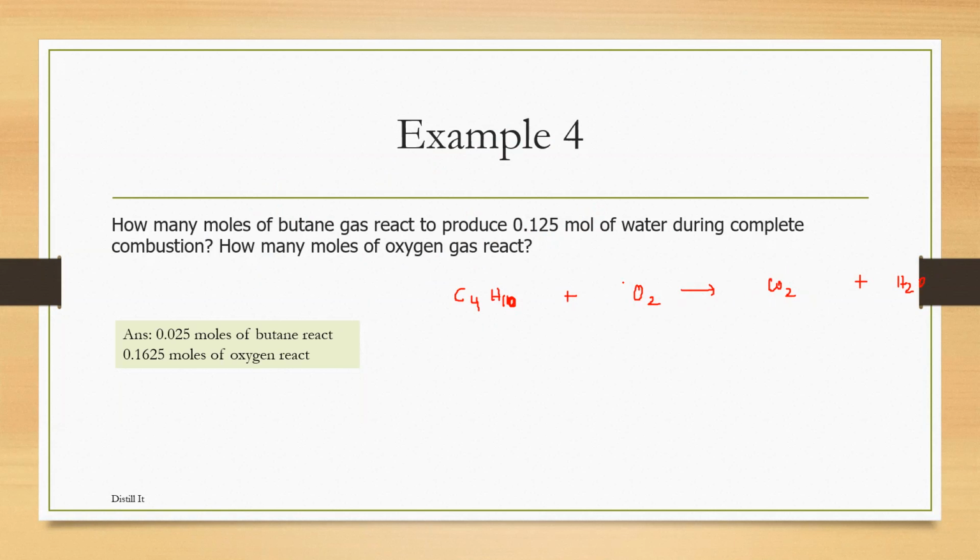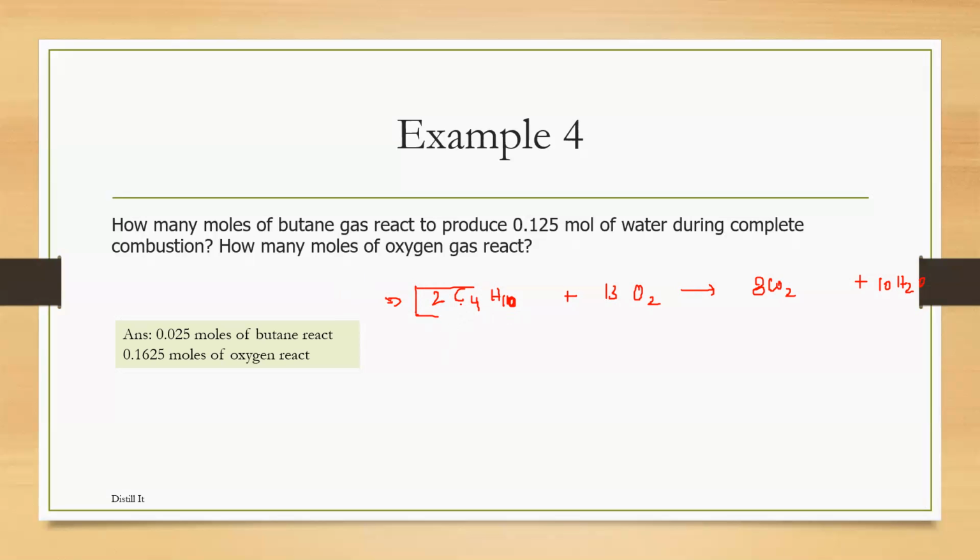So when we balance this reaction, we are going to get 8 CO2, which implies 2C4H10, which gives you 10 H2O and 13 oxygen. All right. This is the balanced chemical reaction.